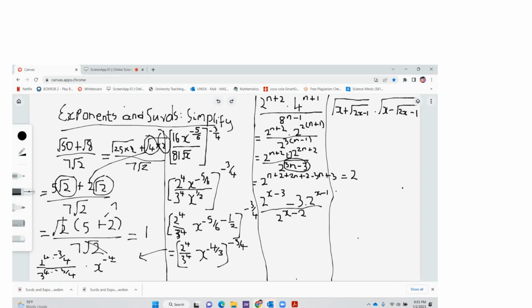So the next one is this one. We're still simplifying. So notice again now, we have a negative. So we are no longer able to kind of same base add the exponents or subtract the exponents. As soon as we see subtraction or addition, we take out a common factor. And right away, we notice that we do have a common factor, which is 2 to the power of x.